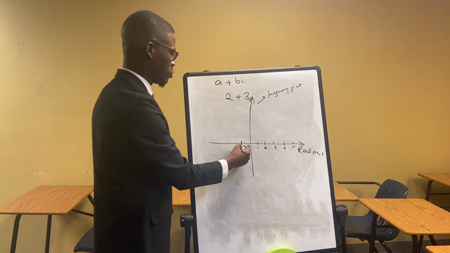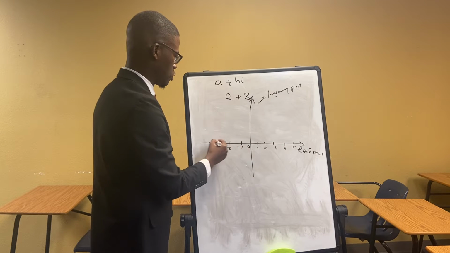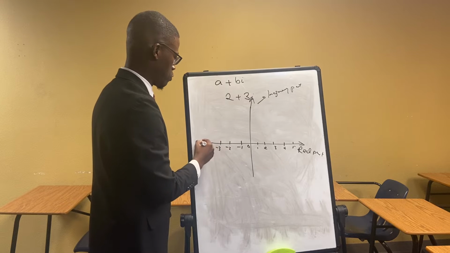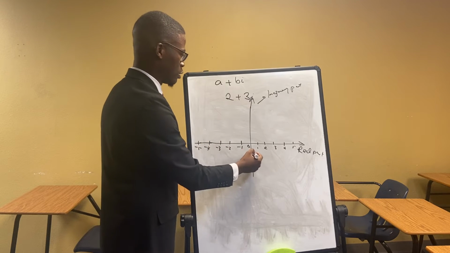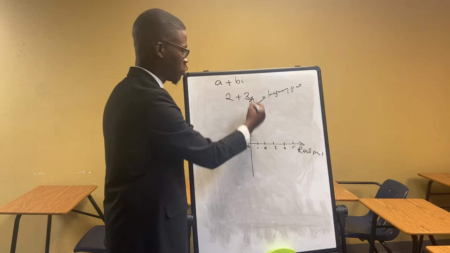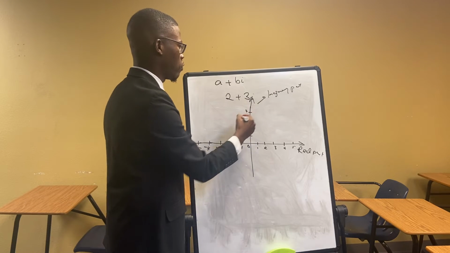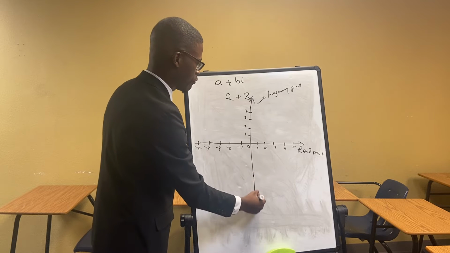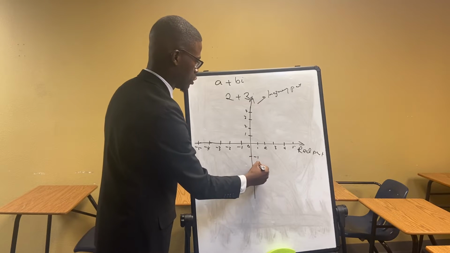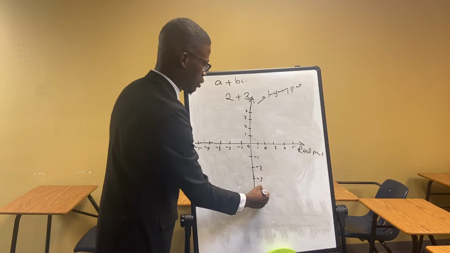Then on the negative, we have -1, -2, -3, -4, -5. Then this is the vertical positive, so we have 1, 2, 3, 4. Then on the negative, we have -1, -2, -3, -4.